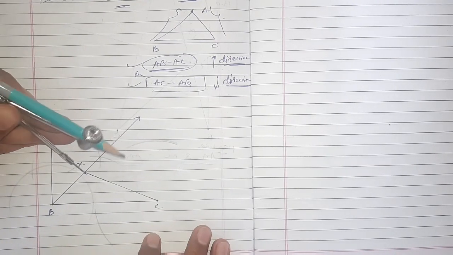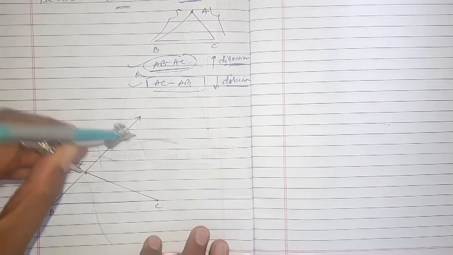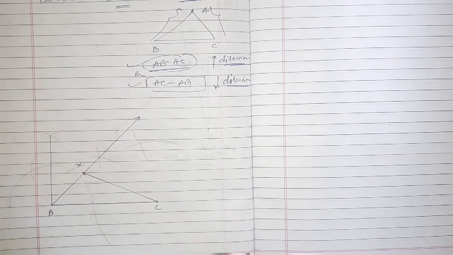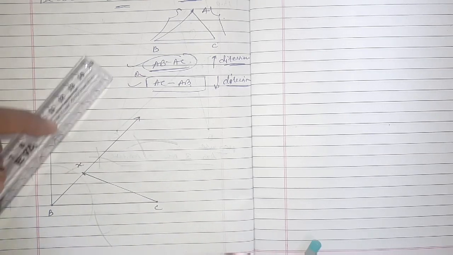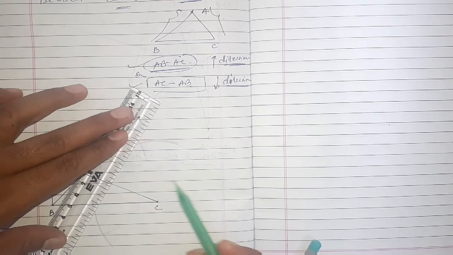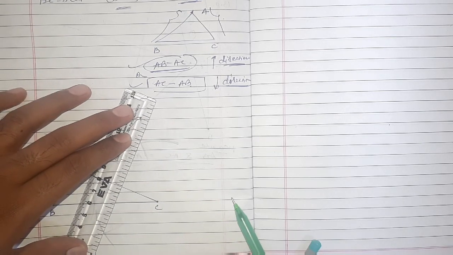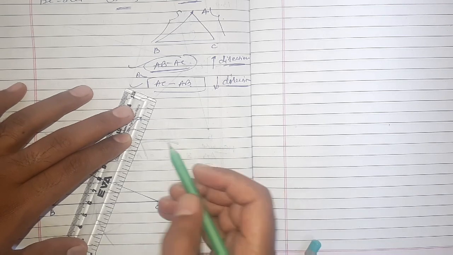With the same measurement from the X. Okay, now join both of the arcs that intersect with each other. Pass a line from that.